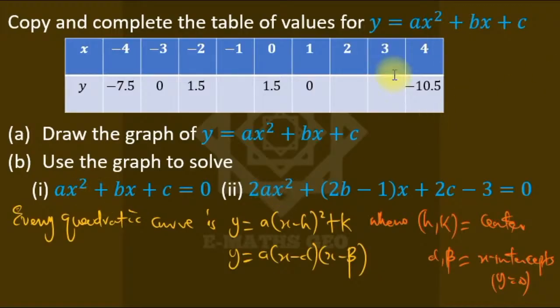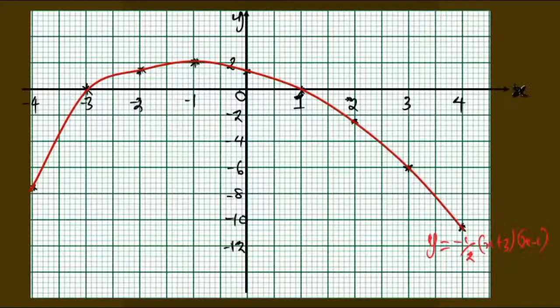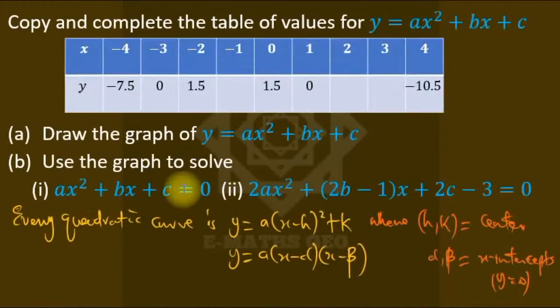So remember that the equation is now ax squared plus bx plus c. So what I've plotted, where is it 0? So I'm solving the part (i) of b, meaning where y is 0.